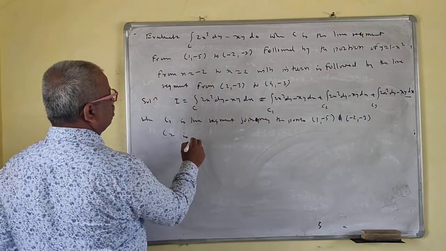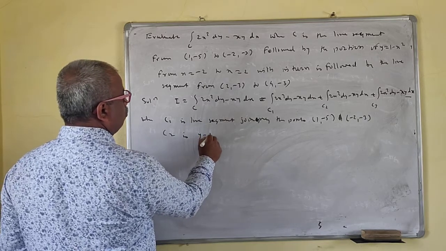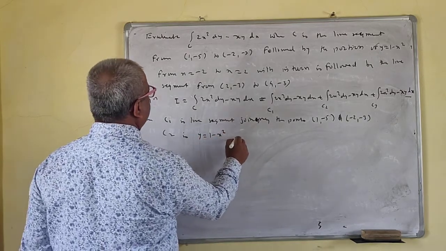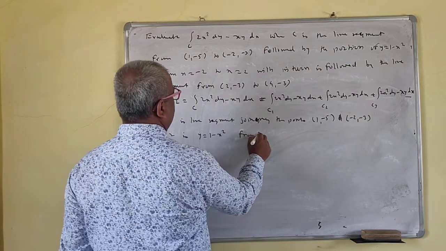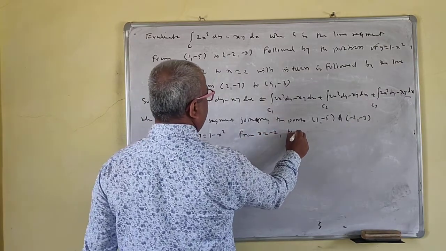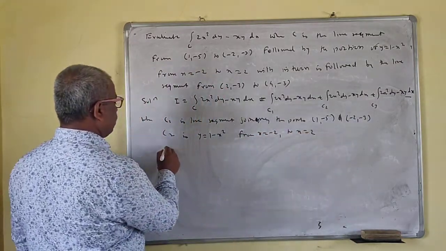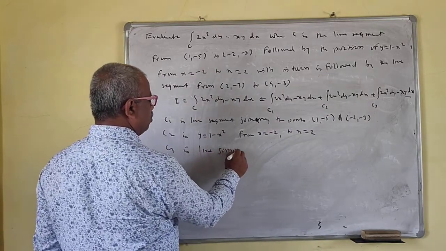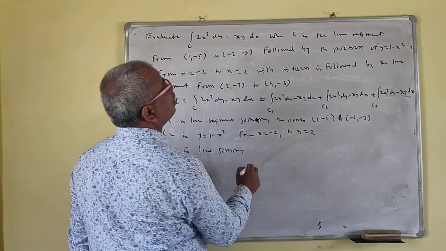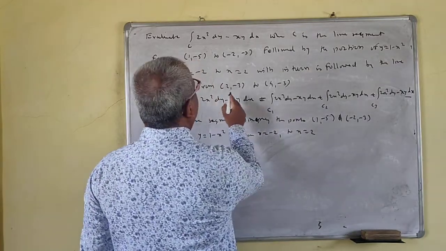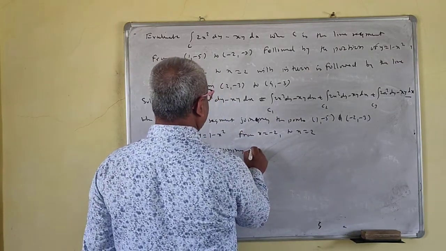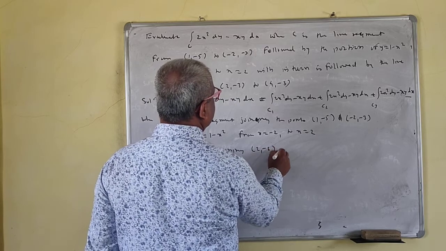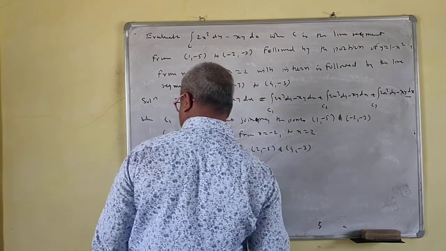C2 is y is equal to 1 minus x square from x is equal to minus 2 to x is equal to 2. And C3 is the line joining the points (2, minus 3) and (4, minus 3).